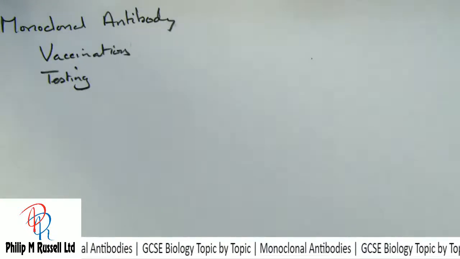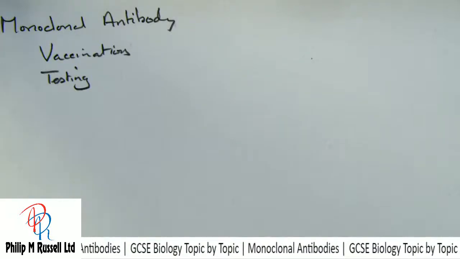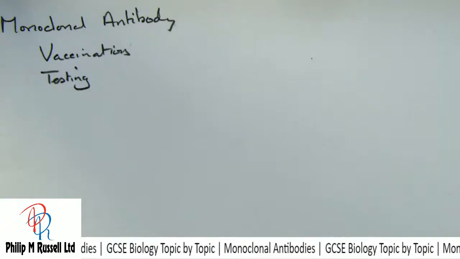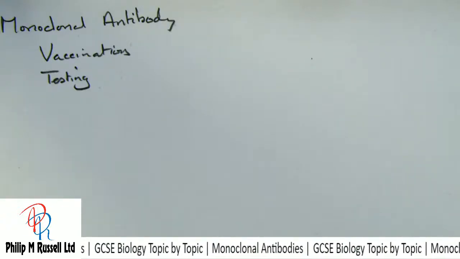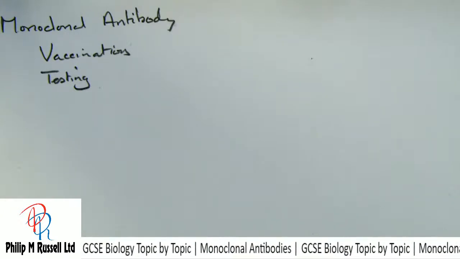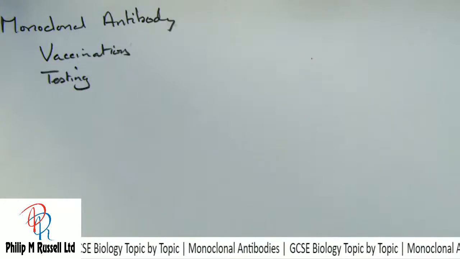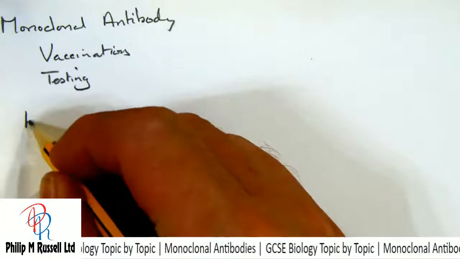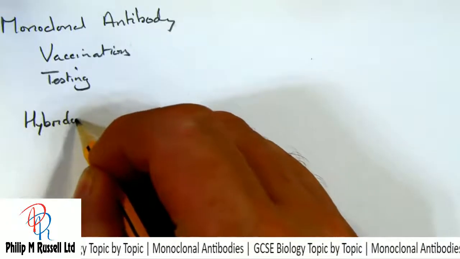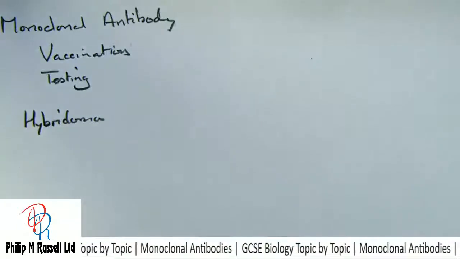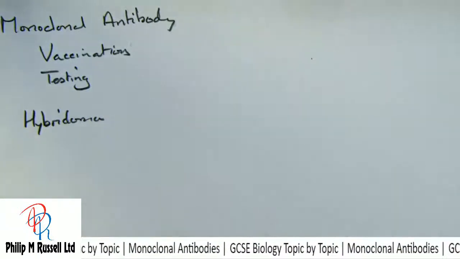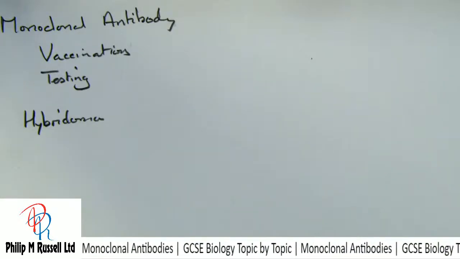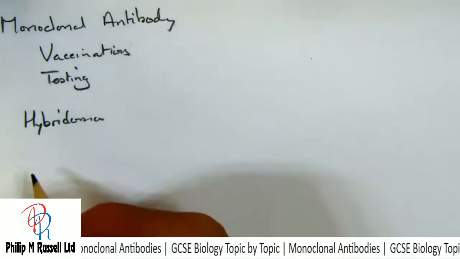All mammals, including mice, make these lymphocytes, and scientists can combine these mice lymphocytes that are now stimulated to make one particular antibody with a type of tumour cell to make a cell called a hybridoma. And this hybridoma makes basically identical cells that can all produce antibodies. So, how do we go about doing this?